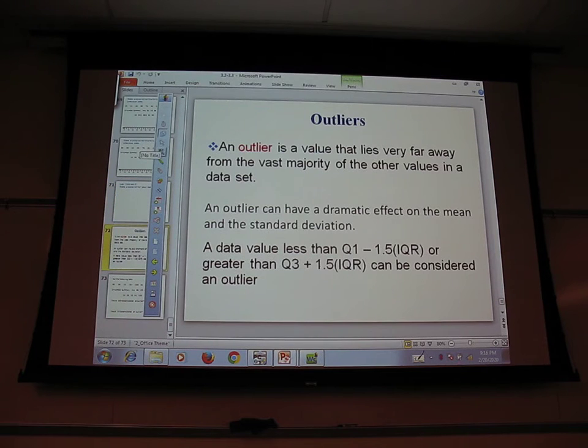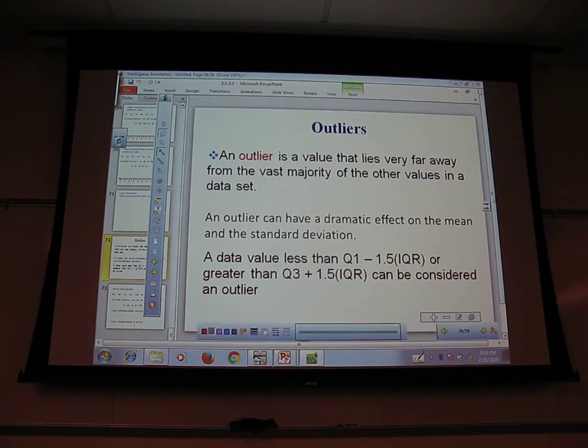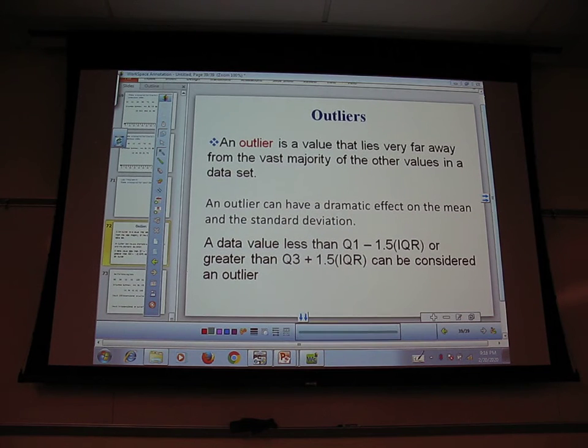Now we're going to talk about outliers. Brandon, now read. An outlier is a value that lies very far away from the vast majority of the other values in the data set. An outlier can have a dramatic effect on the mean and the standard deviation.